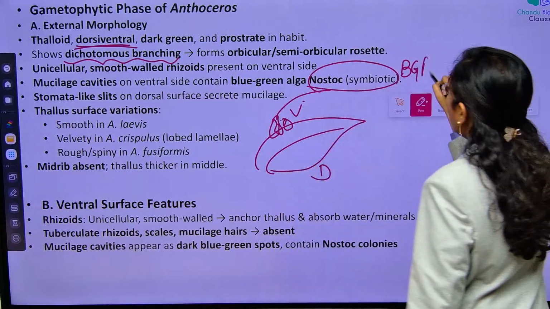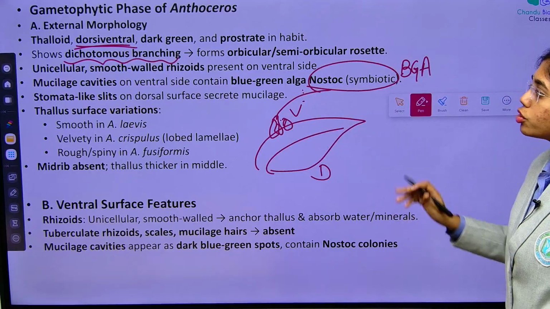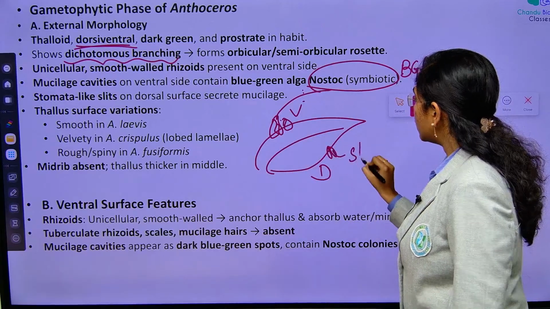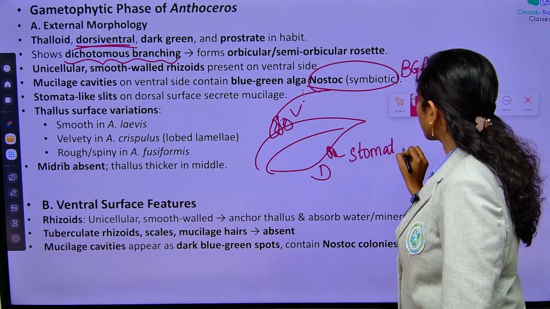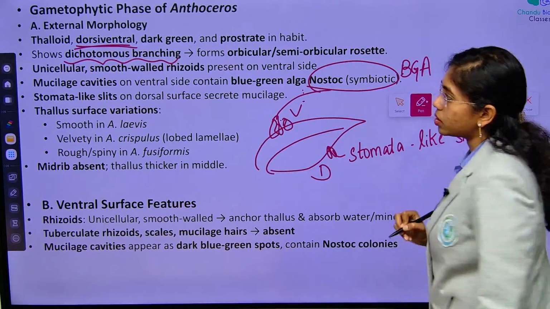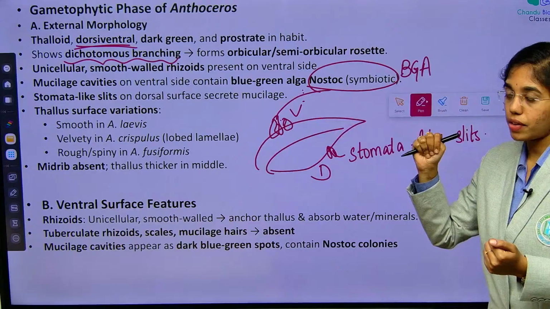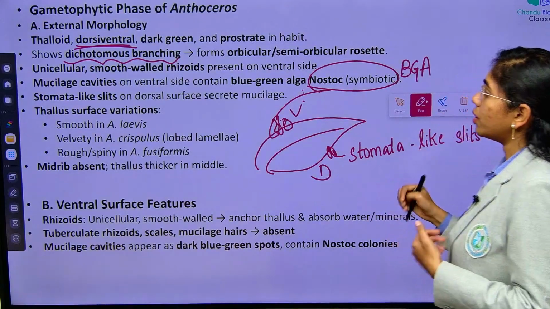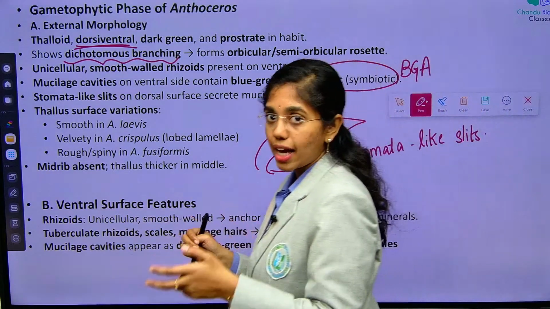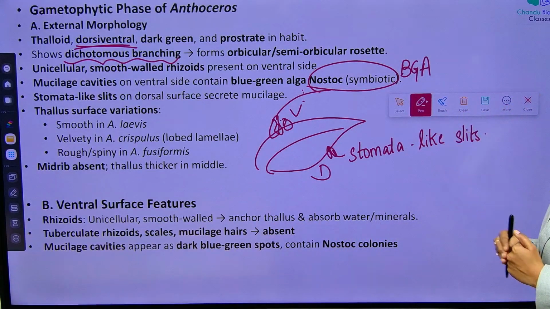And stomata-like slits are present on the dorsal surface. Unicellular, smooth-walled rhizoids are present on the ventral surface. The mucilage cavities contain blue-green algae like Nostoc, in symbiotic association, which helps in nitrogen fixation.